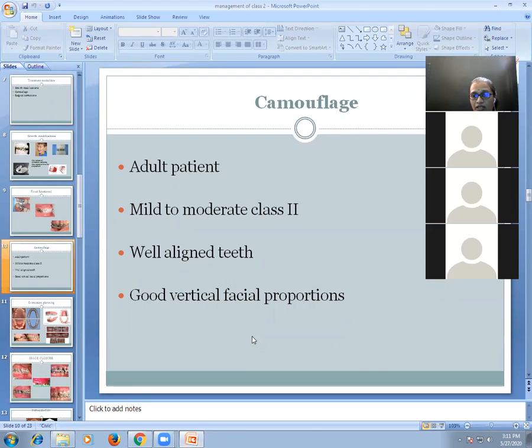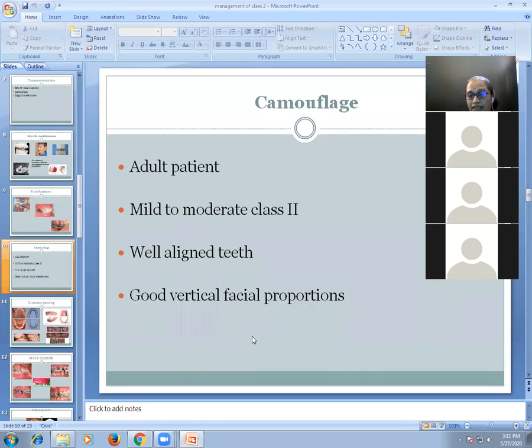Those patients who have completed growth, adult patients with mild to moderate cases, there should be well aligned teeth or good vertical facial proportions. So mild to moderate class 2 cases, we can treat with camouflage.